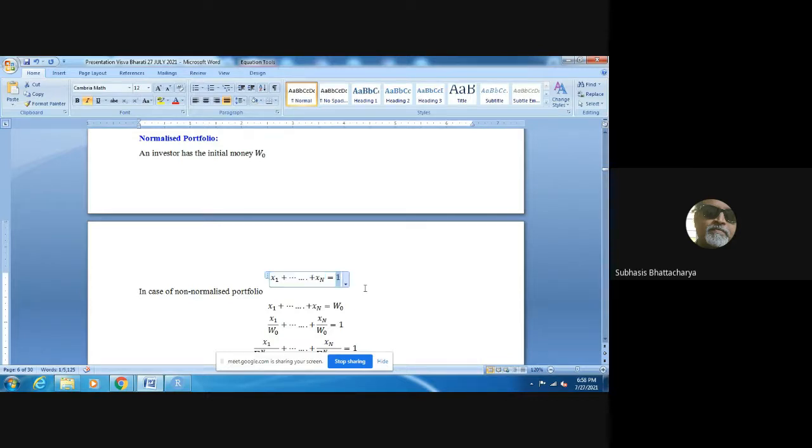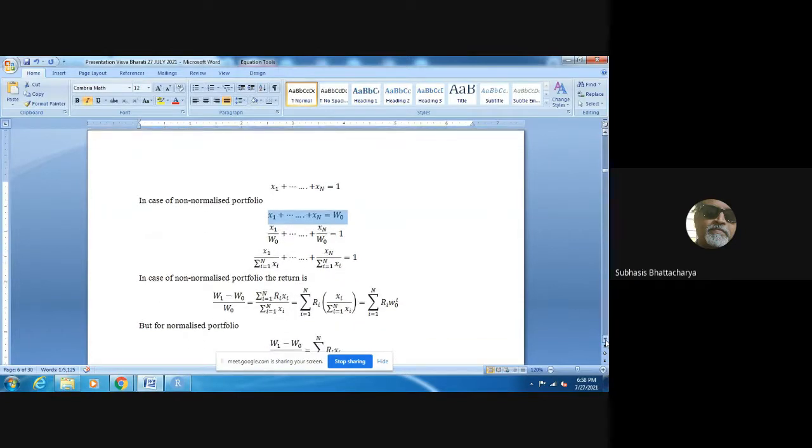Earlier I showed that x1 plus x2 plus up to xn equals W0. If I write it this way, W0 is nothing but the sum of all xi.